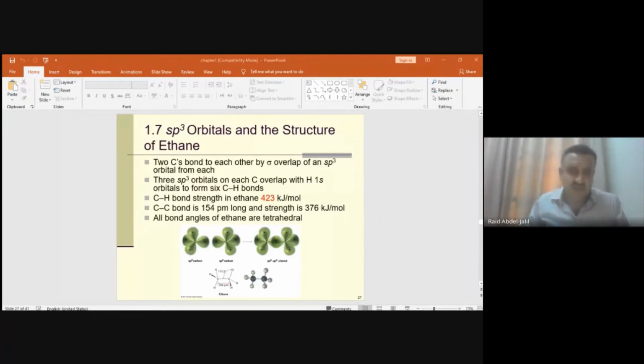This sp3 hybridized orbital of the carbon will overlap with the sp3 of the other carbon, and they will form a covalent bond between them, which we call a sigma bond. And each of the other sp3 orbitals will overlap with one of the hydrogens to make the other 3 sigma bonds with the hydrogens. So that's why for the ethane gas we have CH3 attached to CH3. Do you follow me?